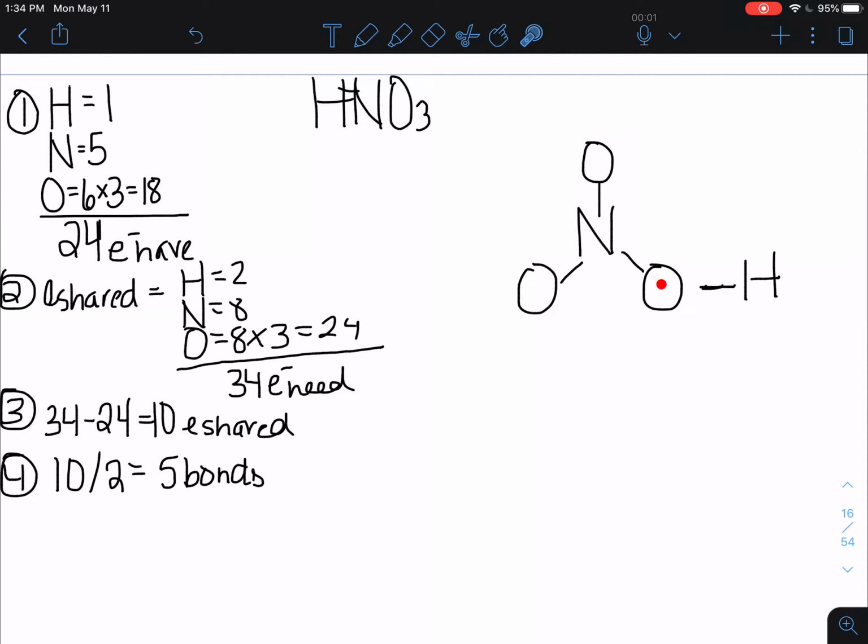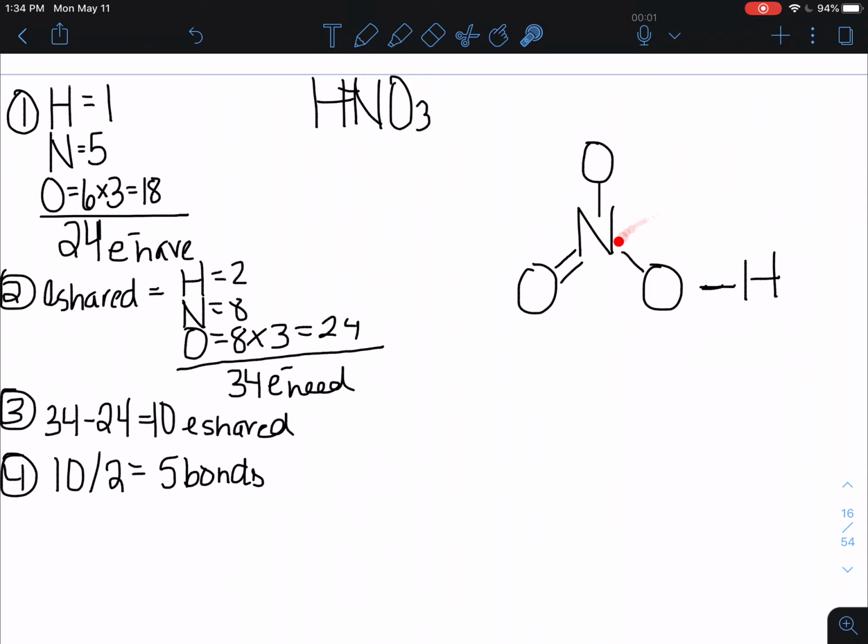I can't put it here, because oxygen really only likes to be bound to 2 things. Since it's already bound to the nitrogen here, and also bound to a hydrogen here, it doesn't want to be bound to anything else. So putting the double bond here won't work. So I'm going to put it here. Could I have put it here? Yeah, that would have been fine, but I'm going to keep it here.